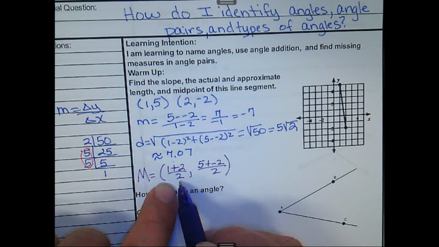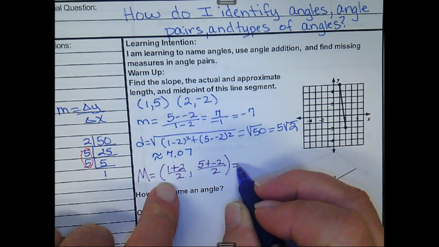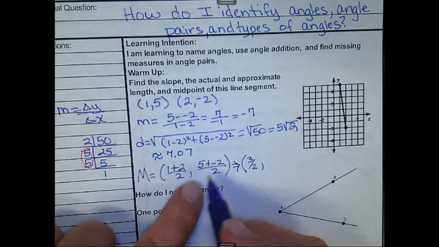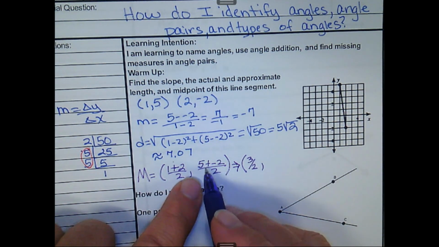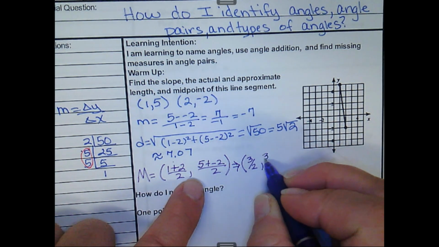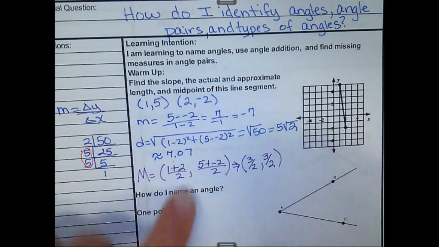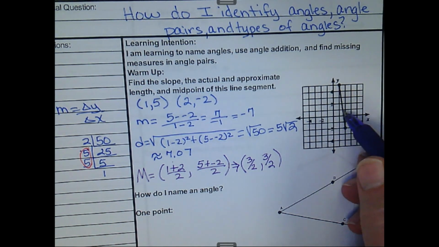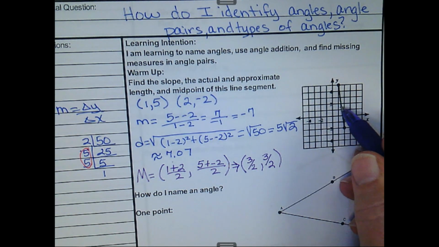Okay, 1 plus 2 is 3 divided by 2 is 3/2. 5 plus -2 is 3 divided by 2 is 3/2. So the point is (3/2, 3/2). 1 1/2, 1 1/2. So you go over 1 1/2, go up 1 1/2, and it would be about right here.